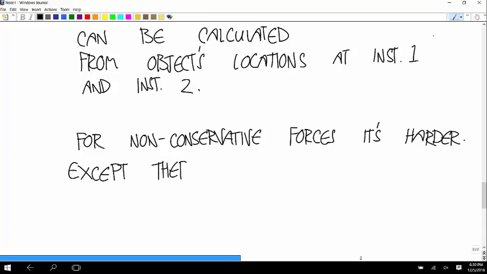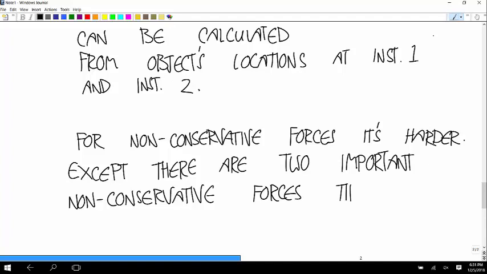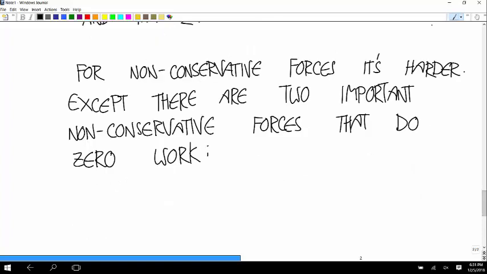So there are two important non-conservative forces that do zero work. The first one is a normal force in a rolling or sliding problem.